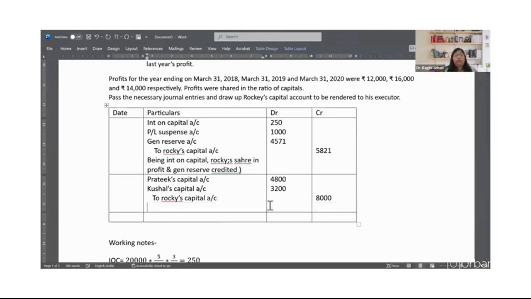And what should be the narration here? That is, being goodwill adjusted to Pratik and Kushal's capital account in their gaining ratio.